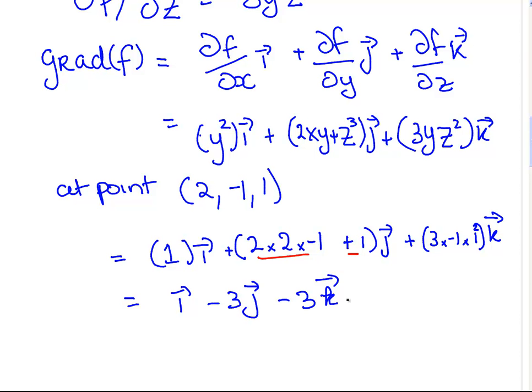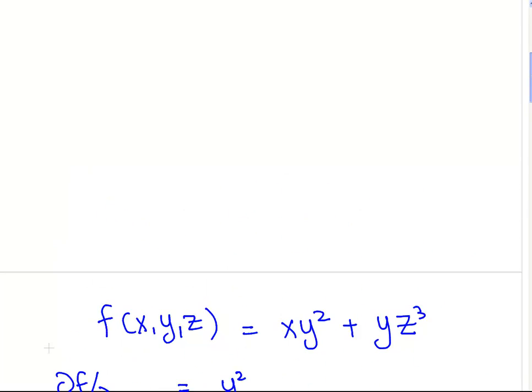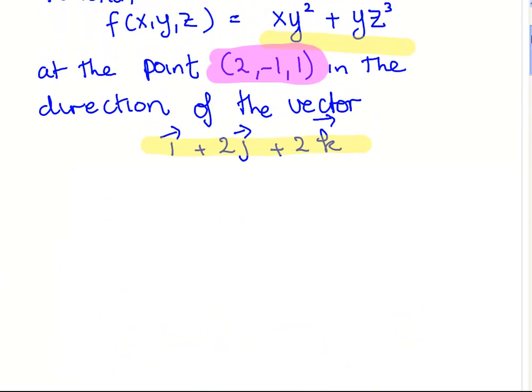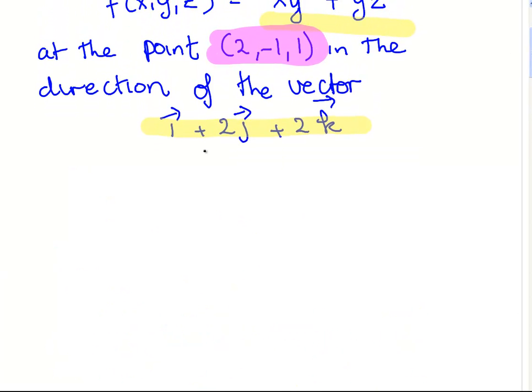Now, let's look at the direction that we're asked. What we're going to do here is, that's the direction of the vector, let's get the unit vector of that. So just the magnitude first off is the square root of 1 squared plus 2 squared plus 2 squared, and that is equal to the square root of 9, that's 3.